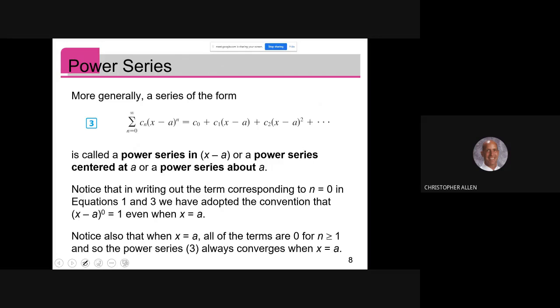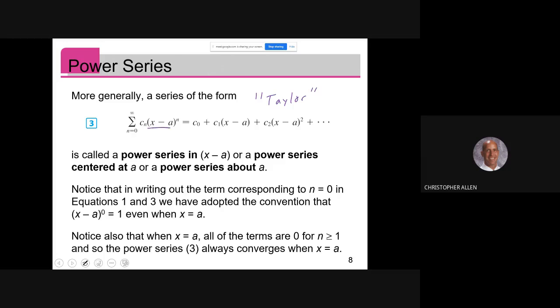More generally, a series like this one is kind of like the Taylor series, and we're going to talk about that later, there's a section on Taylor series. So this center does not have to be at 0.